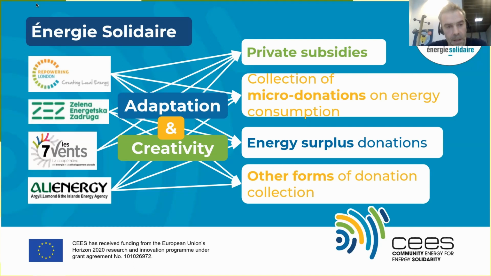That being said, Énergie Solidaire has very recently had another opportunity that is pretty much changing our strategy for the next couple of years. The way ENERCOP is built is decentralized.